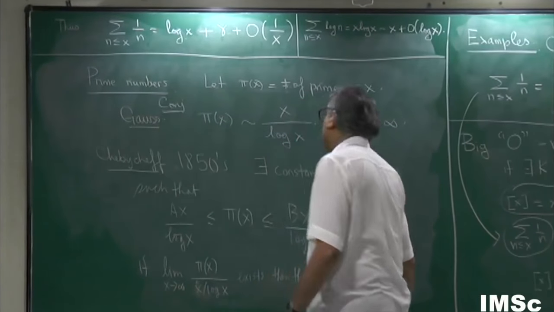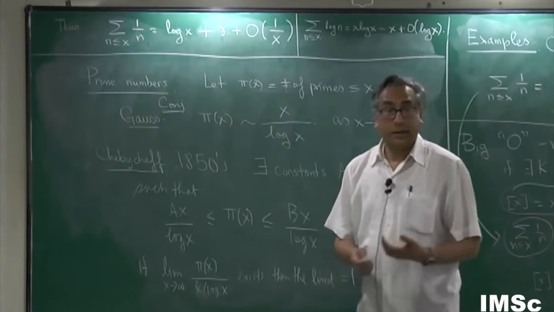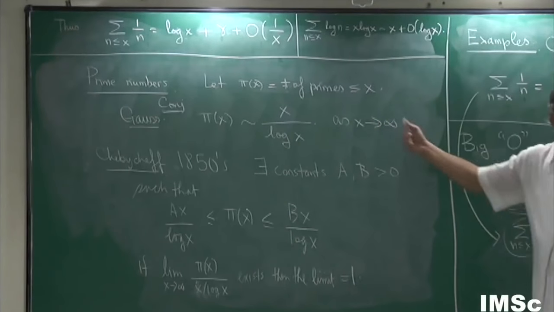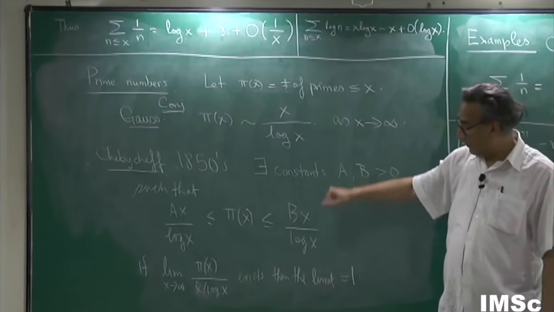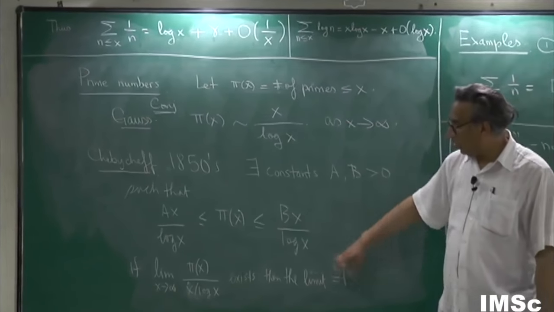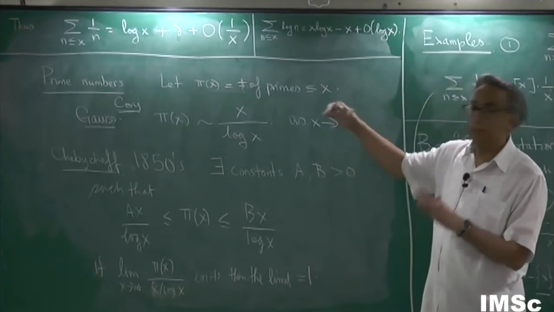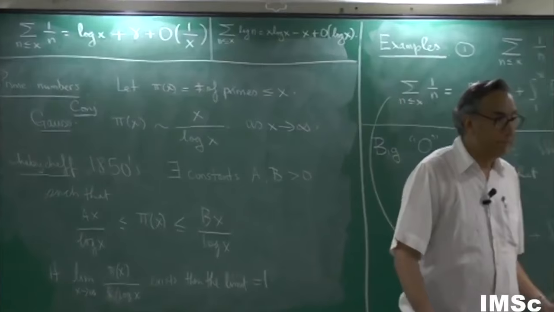So he managed to show that the key part of the problem is to show the existence of the limit. And both of these results, he proved using nothing more than Abel's lemma.